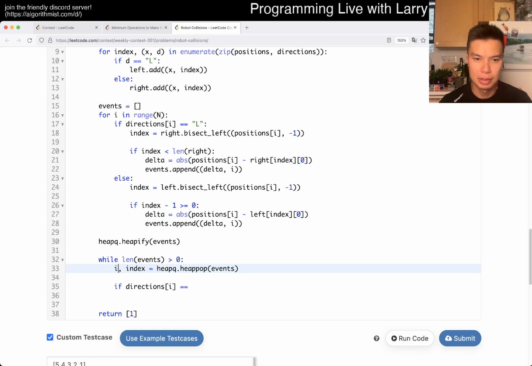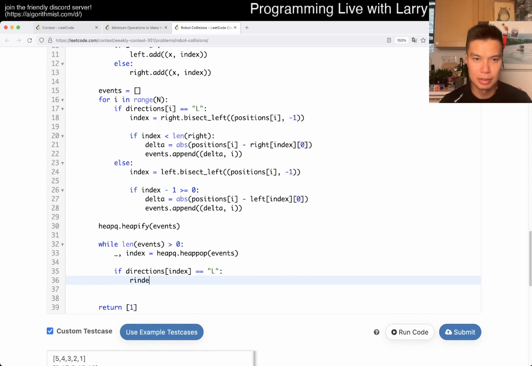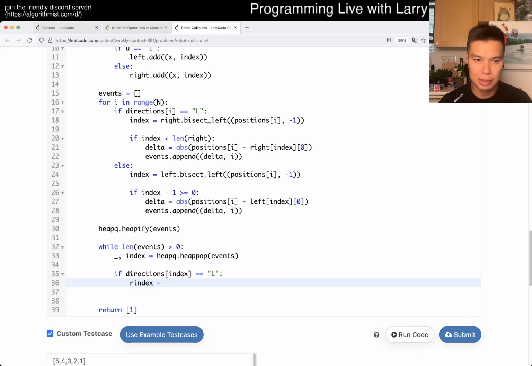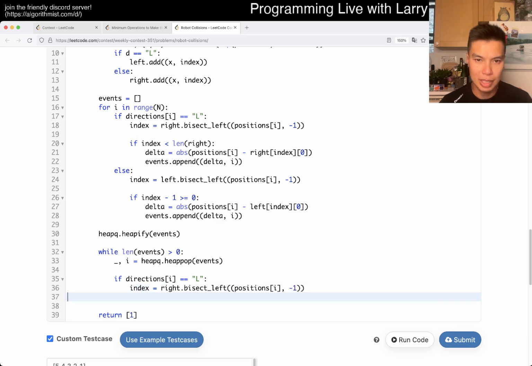Let's go I. Whoops. Oh no, this is delta. That's why I don't care for it. If this is left, then we have to find the right thing again, and we just make this I. And technically, maybe this is the different one, right? Wait, what am I doing? Yeah, why don't I just do this index and then now index I, right?